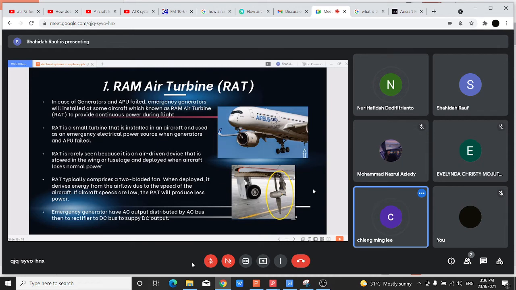No. This one only gives you electric power, not air pressure. Your pressurization is mainly from the bleed air of the engine or APU, so it's the APU and the main engine.